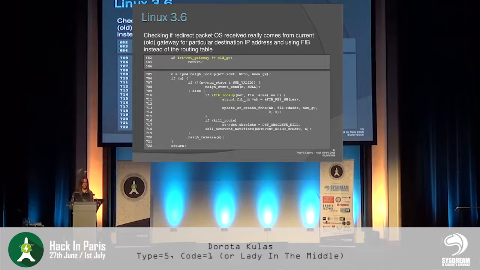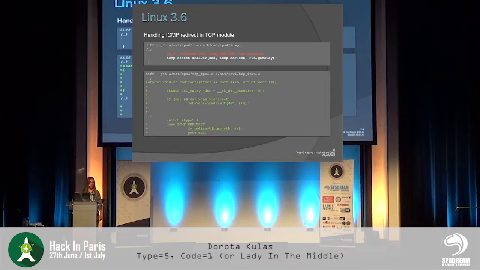I was digging into the kernel source, so I can just show you what the changes were. The first yellow mark is just checking if this is the old gateway IP address. The other shows that now this is a FIB lookup. And in the TCP module example, they moved the ICMP redirect handling from ICMP to TCP or UDP or the respective modules.